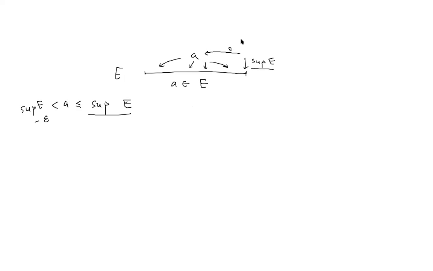So you would get something like here, and this will be your sup E minus epsilon. This might be your A here. It's saying that for any A that you have, you can always find some epsilon so that A is trapped between sup E minus epsilon and sup E. All right, it's just simple.